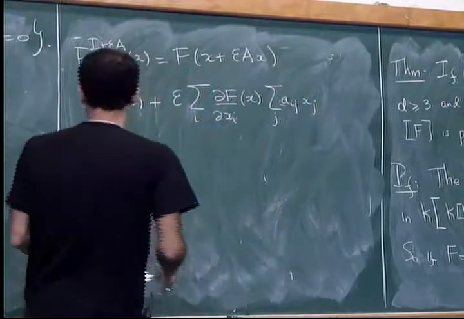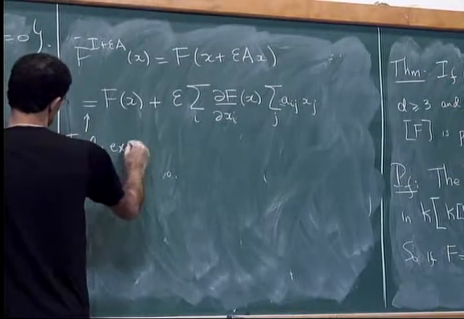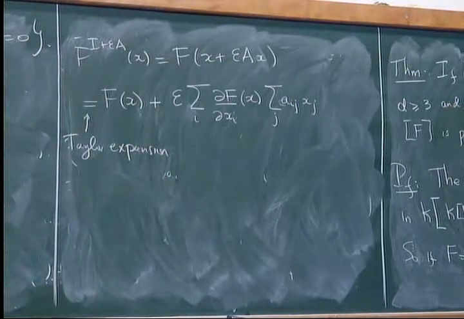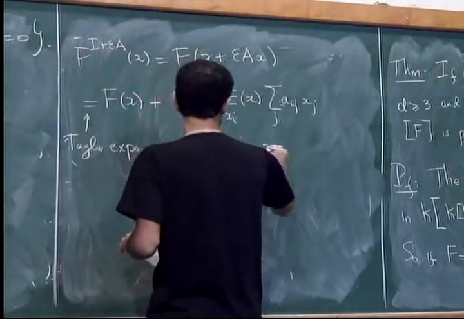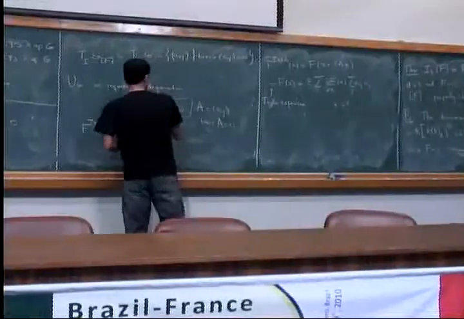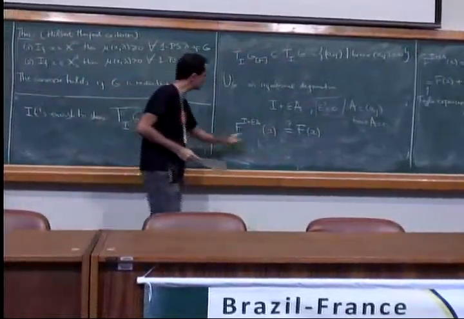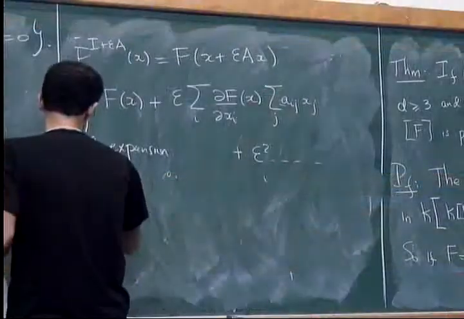I mean, it's Taylor expansion. Of course, when you expand, you're going to have something else, but then epsilon square appears, and epsilon square is 0. Right. So what we have to show to have equality is that whatever is in here is 0.